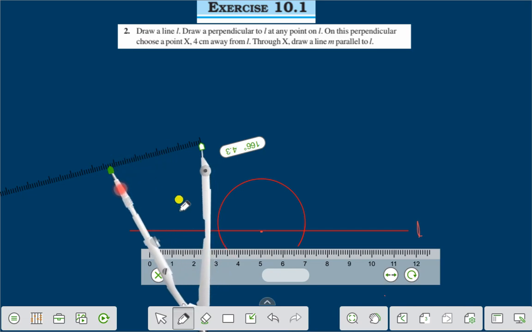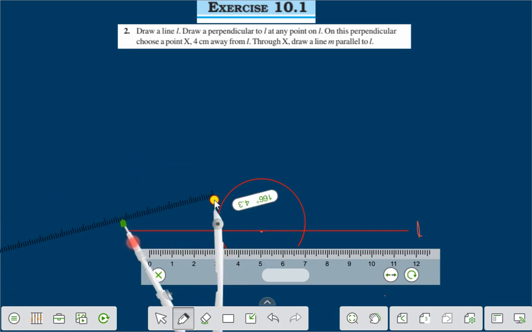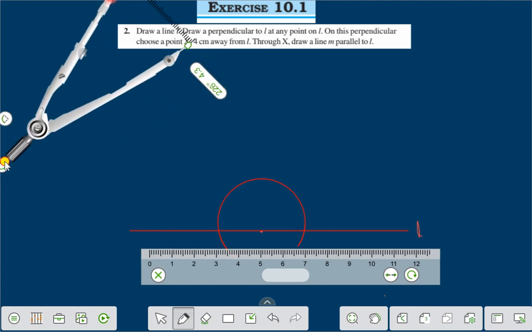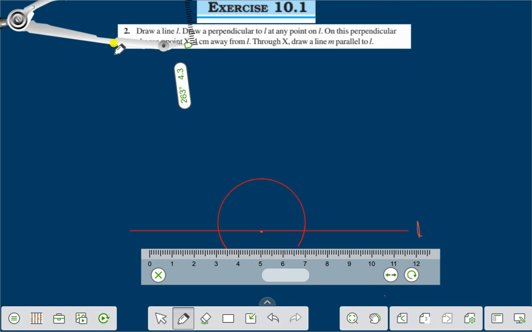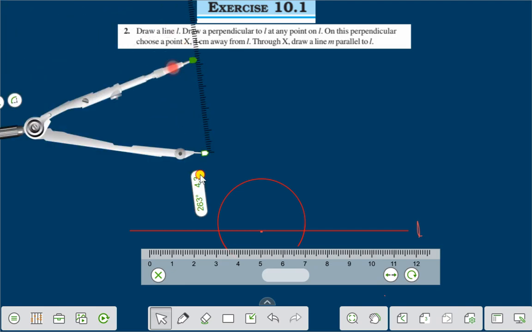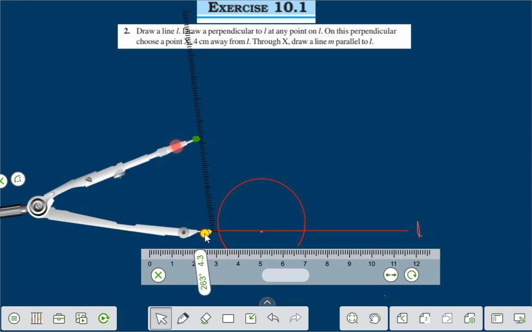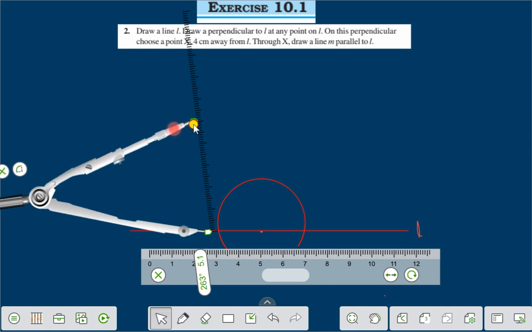Choosing a point like this, we fix this pointer again at this point. Then increase the compass opening and take an arc here.